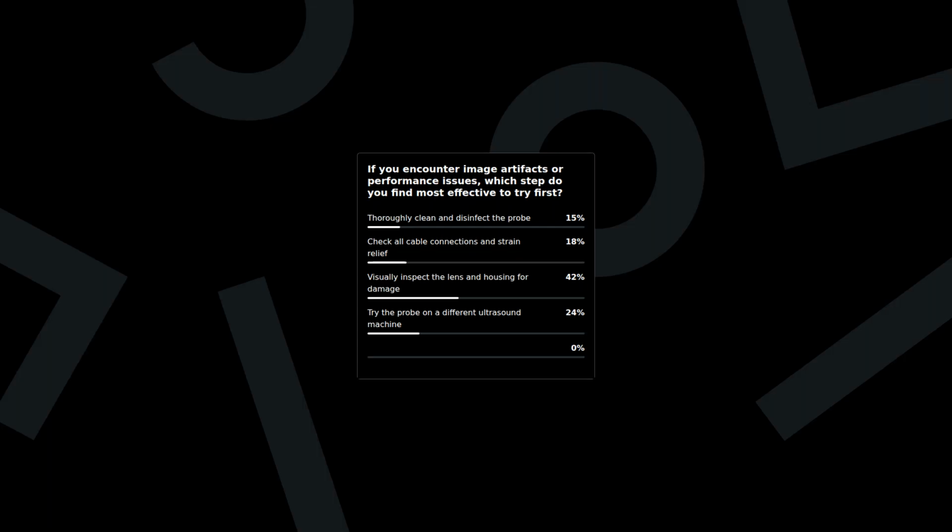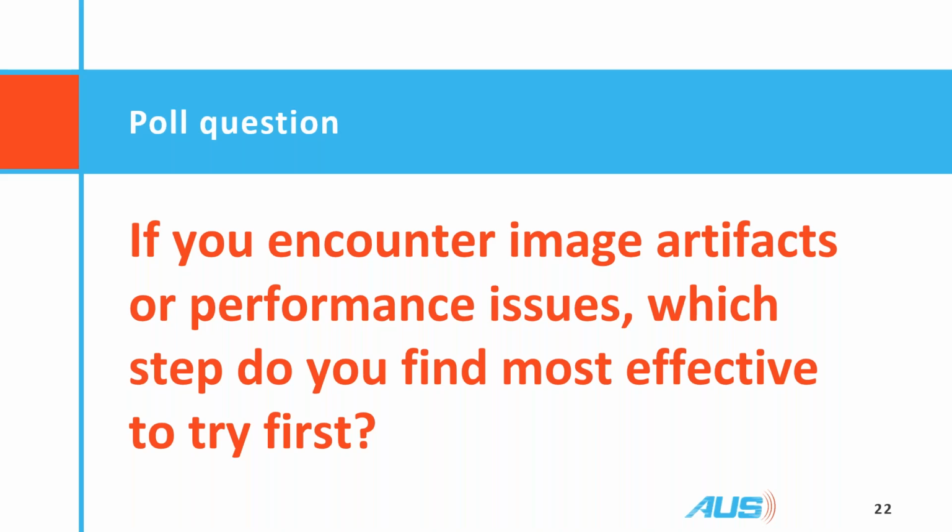Excellent. Those are both very good answers. To me, the very first thing I'm going to do is look at the lens to see if I can see physical damage. If I can, it's pretty clear what the issue is.